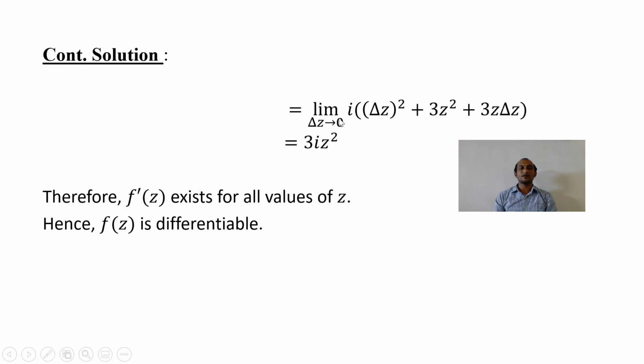So we apply the limit and we get 3iz square, which is the derivative of the given f of z, iz cube. Therefore f dash z exists for all values of z, and there is no need to substitute any particular value to find the derivative. Hence f of z is differentiable. So this is a differentiable example.